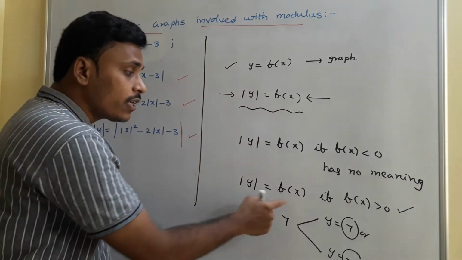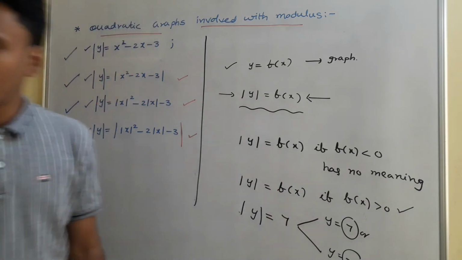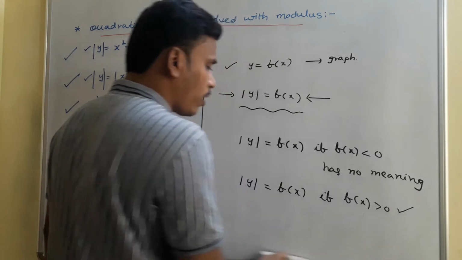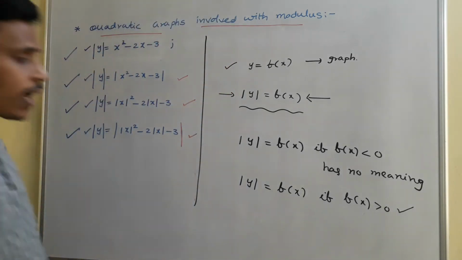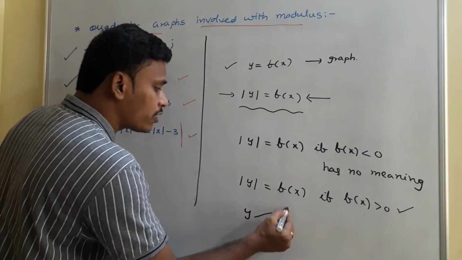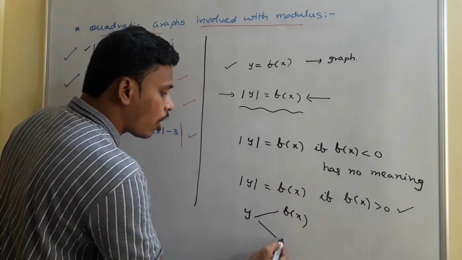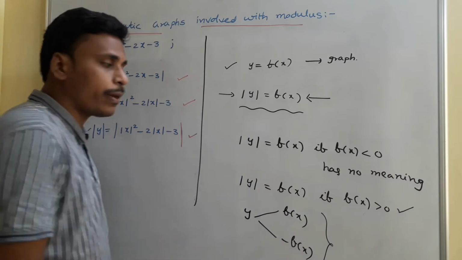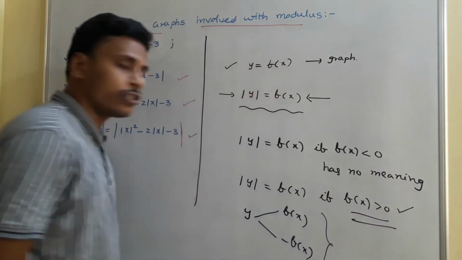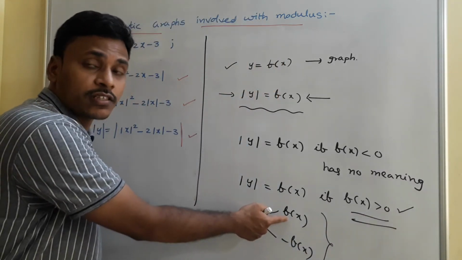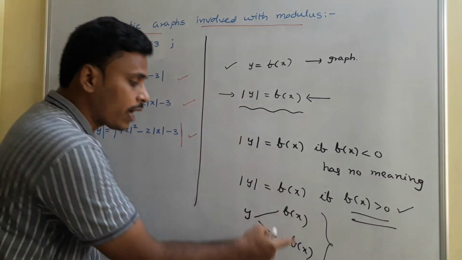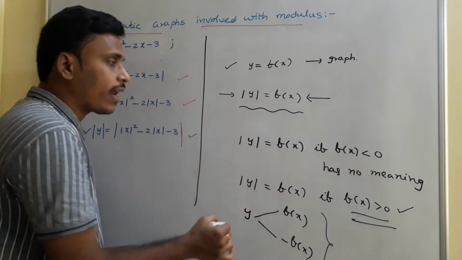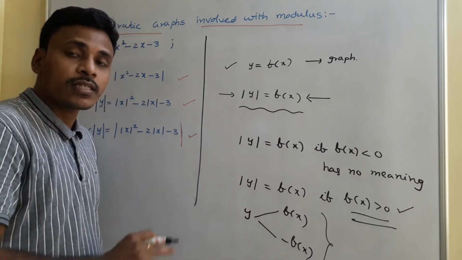So if f of x is any positive quantity, we get y is equal to f of x or minus f of x, and this happens only if f of x is positive. Since f of x is positive, it is above x-axis, and the minus f of x is below x-axis. That means now the graph is symmetric about x-axis.